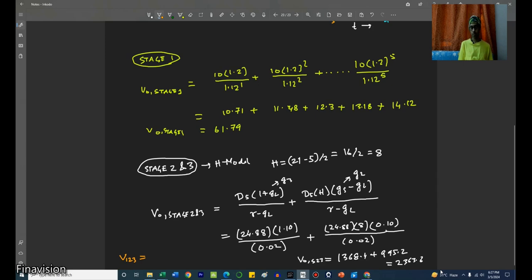This is equal to 2425.4, 2425.39 approximately. This is our answer.